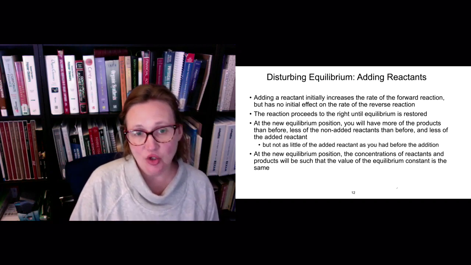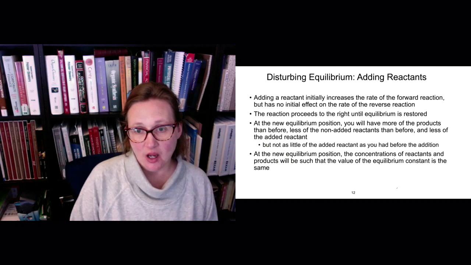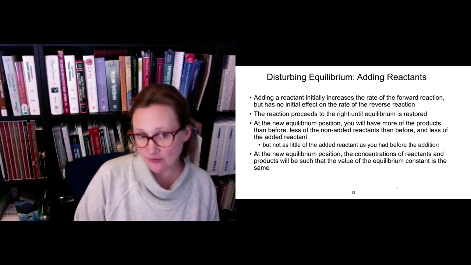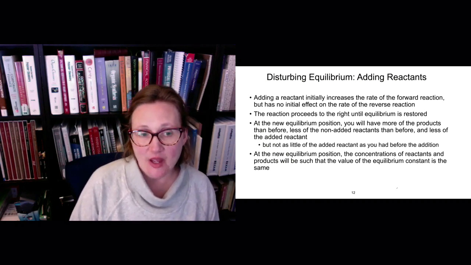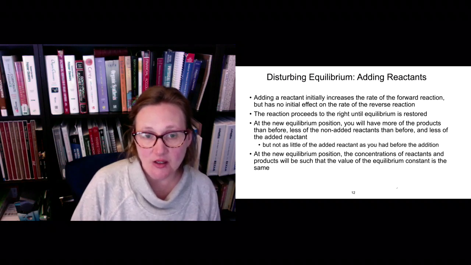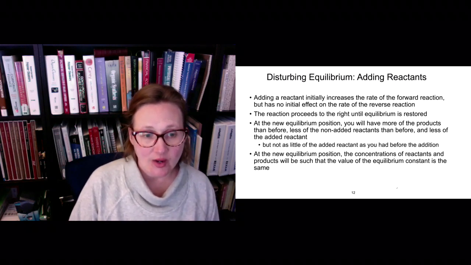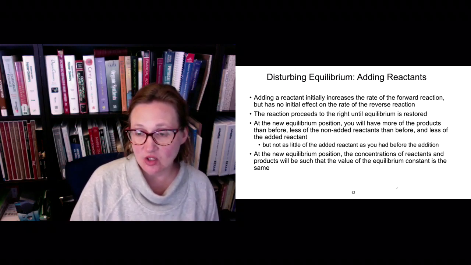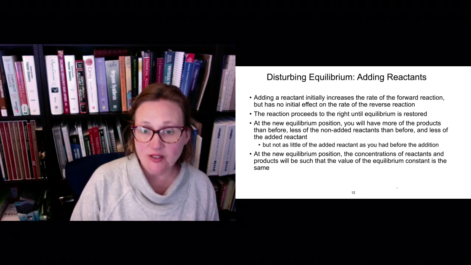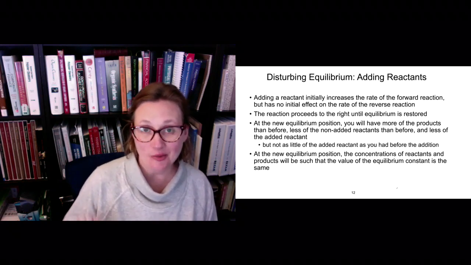All right, so now we're at the new equilibrium position, and you have more products than you did before, and less of the non-added reactants than before. So at this new equilibrium position, the concentrations of reactants and products will be such that the value of the equilibrium constant will be the same.